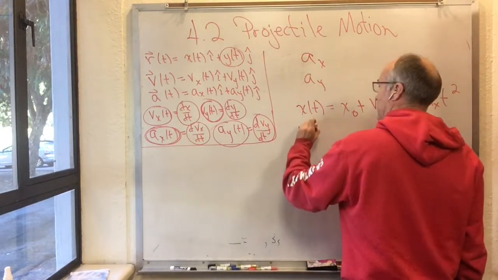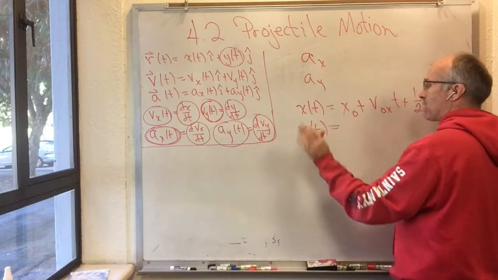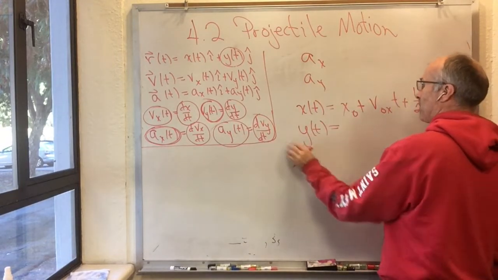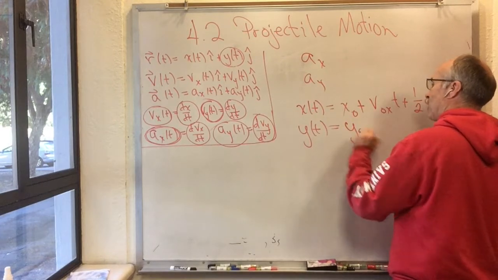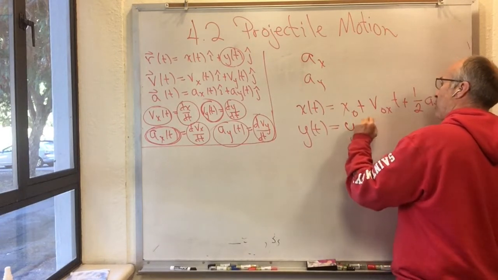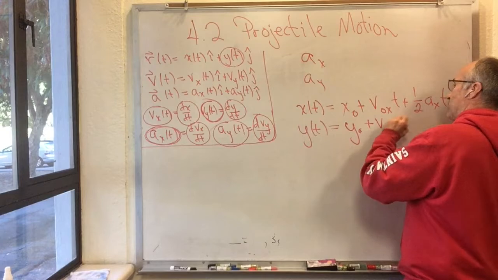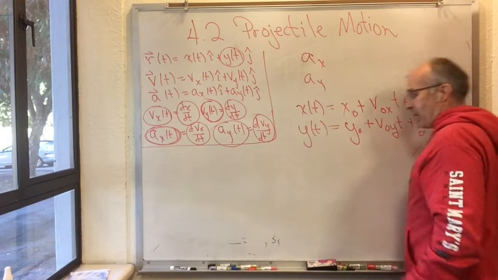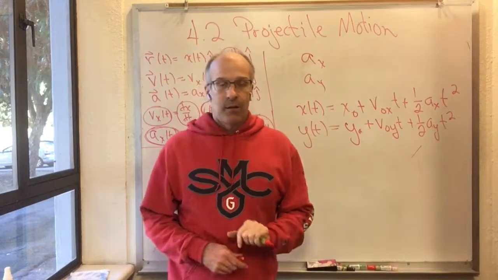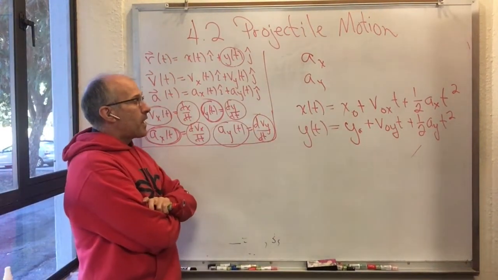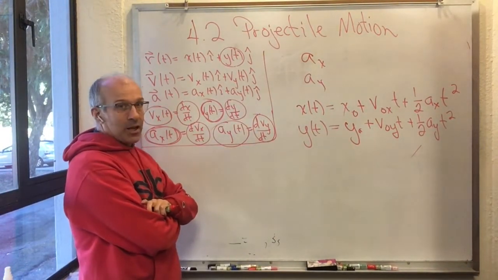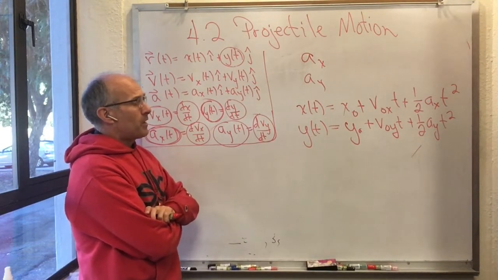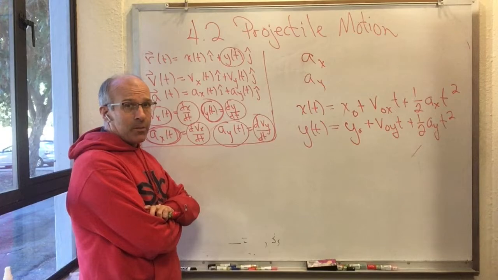And y of t, under these same assumptions that ay is a constant, is whatever it was at t equals 0, plus v naught y times t plus 1/2 ay t squared. All of that is results from the last section, 4.1, which was basically putting together everything in the first 3 chapters.